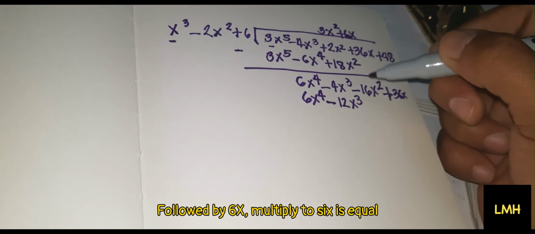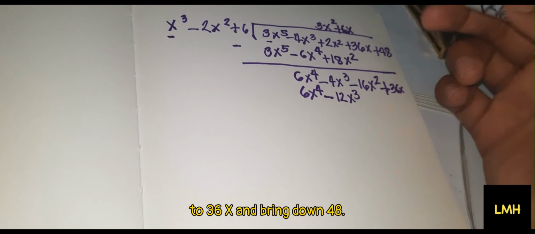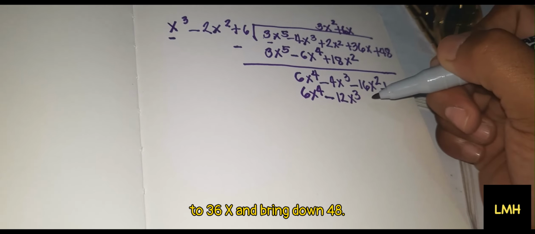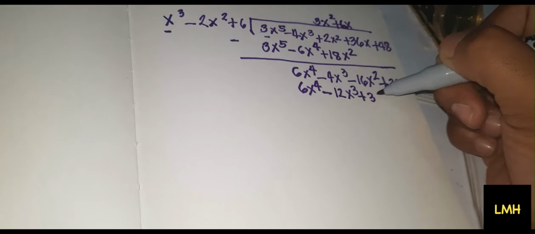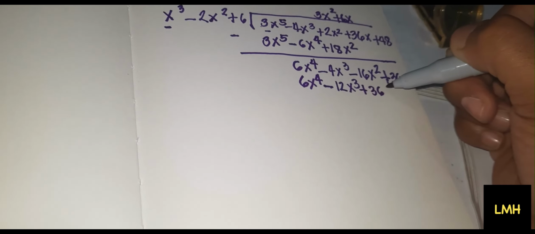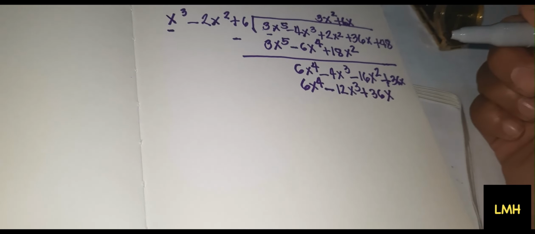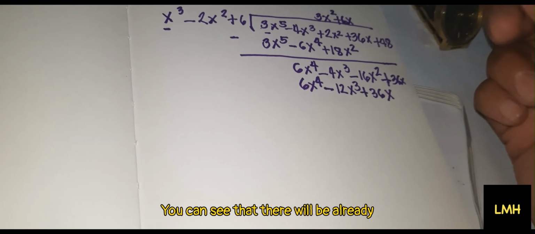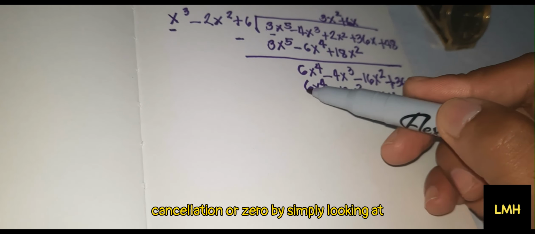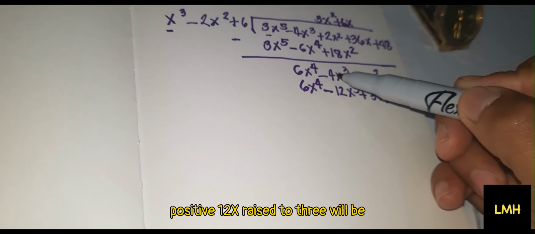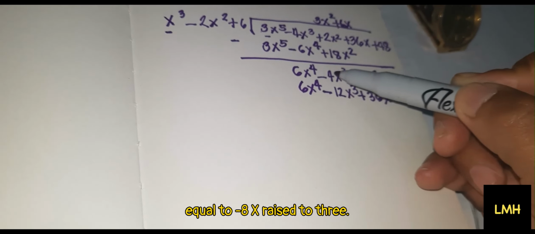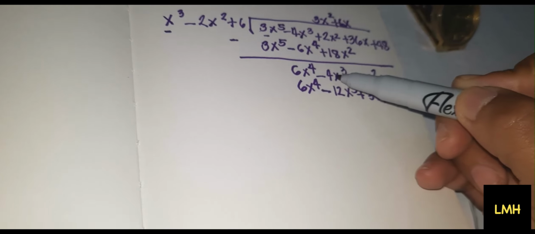Followed by 6x multiplied to 6 is equal to 36x, and bring down 48. You can see that there will already be cancellation, or 0, by simply looking at 6x raised to 4. While the positive 12x raised to 3 will be equal to negative 8x raised to 3.